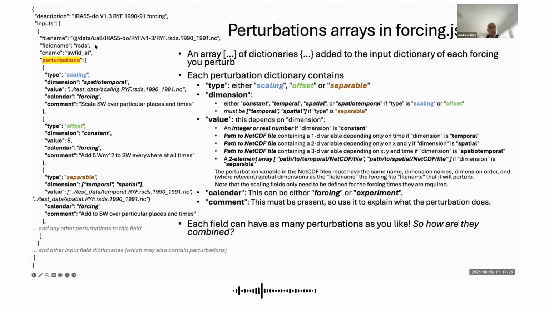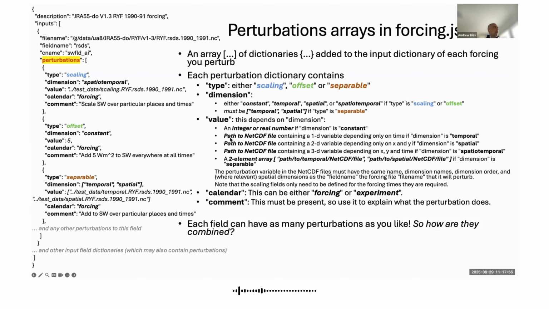Also, that variable has to have the same dimension names and dimension order as this field in the original file. And if you've got a time-dependent perturbation, maybe spatiotemporal or just temporal, you only need to define data for the collection of times that you actually want to modify. So if you're doing a spatiotemporal variation over just a month, you only need a month's worth of perturbation data.